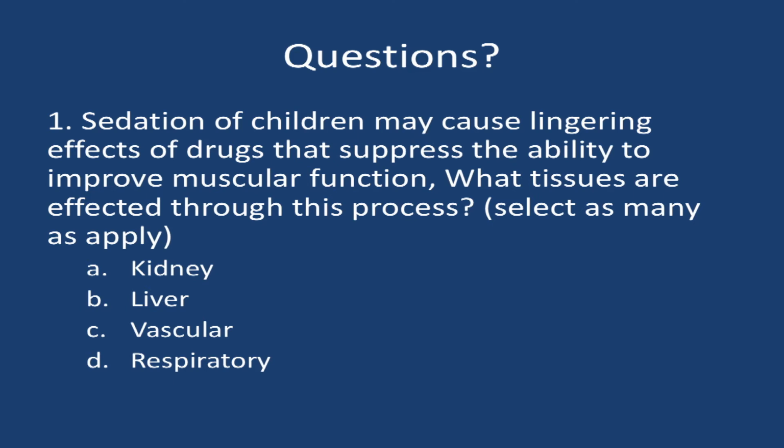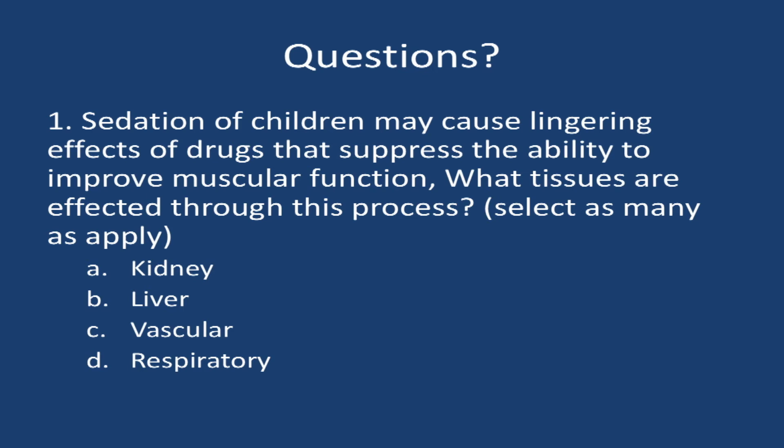The other system is the vascular system. When we have a decrease in our respiratory rate, it's going to affect the vascular system, and the vascular system may be asked to increase its constriction of its blood vessels to increase the blood pressure, and if that's not going to happen because we've suppressed that ability of the vascular system to be responsive, that would be another area.